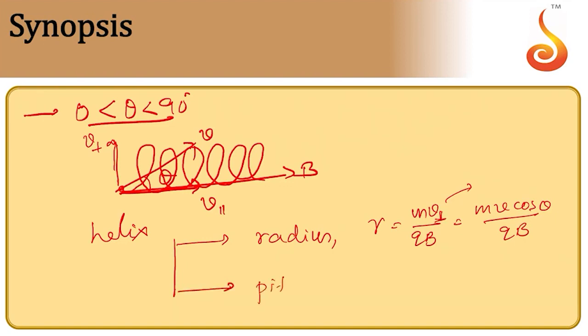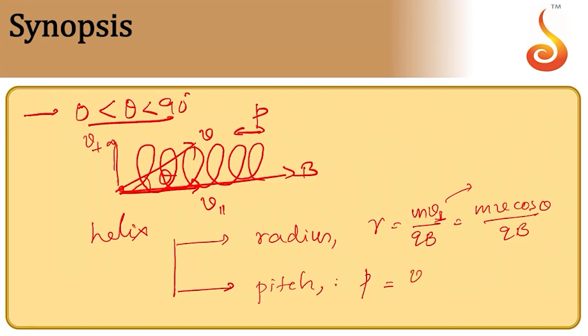The second thing is pitch, which is nothing but the distance between the successive turns, that is the distance travelled by the particle during one circular track. And this can be written as the parallel component of the velocity into the time period.